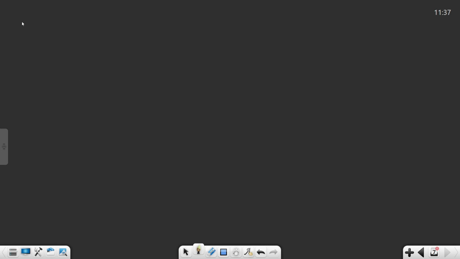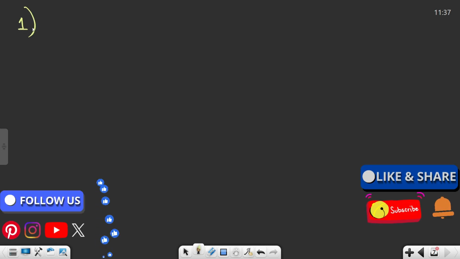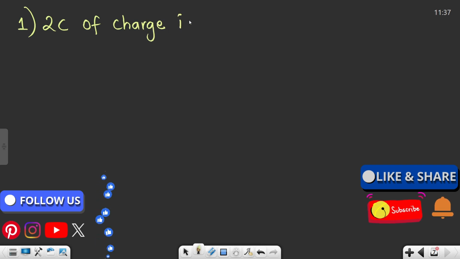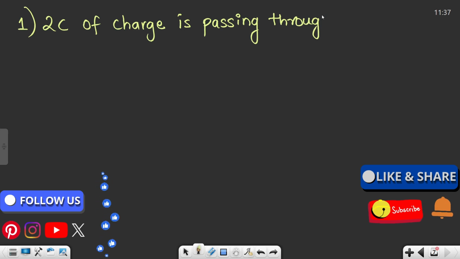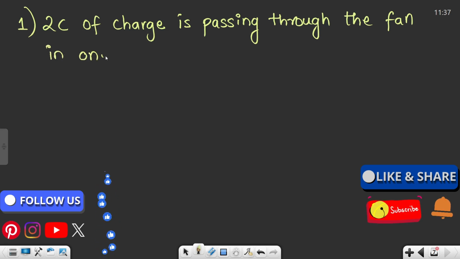The first point that we can see is that 2 coulomb of charge is passing through the fan in 1 second.